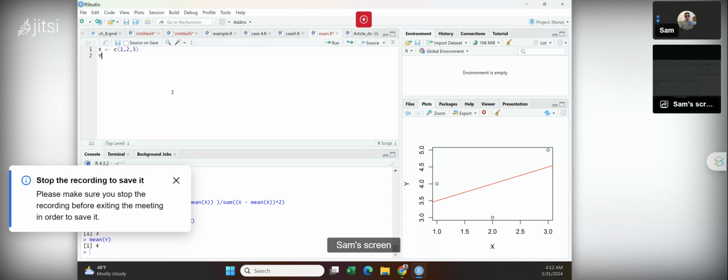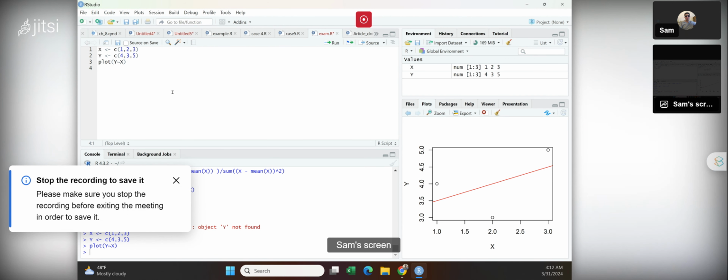And then I have y values, which are 4, 3, and 5. And we can plot it, obviously. Plot y, x. The scatter plot is going to be the plot of these points.